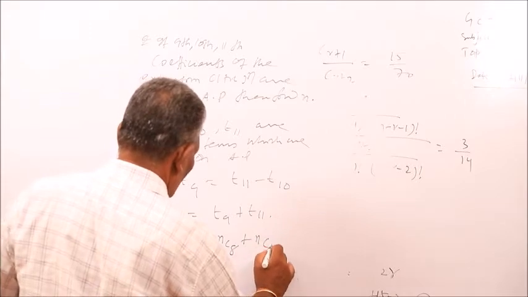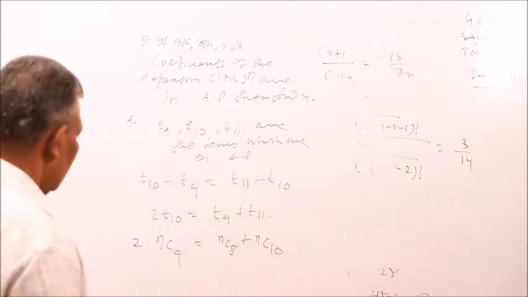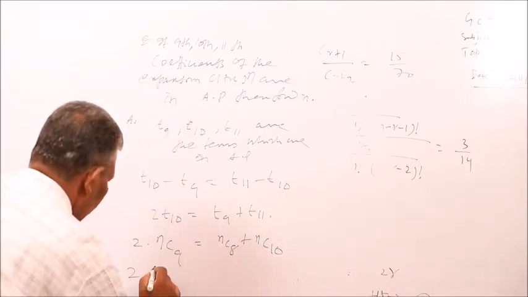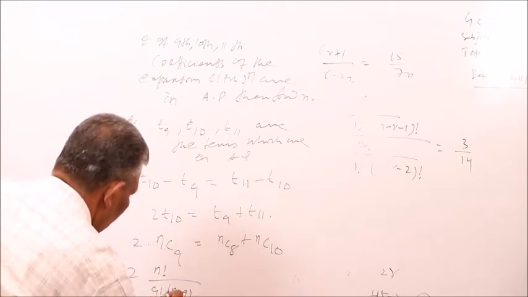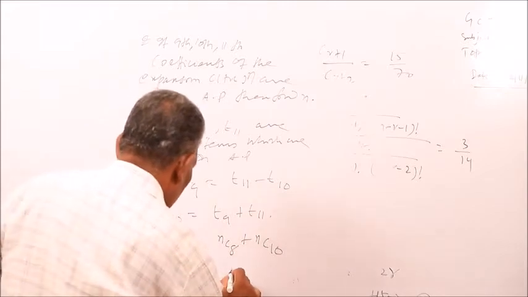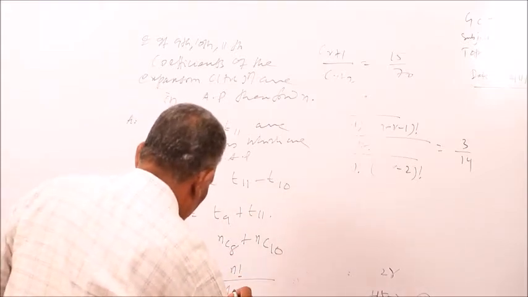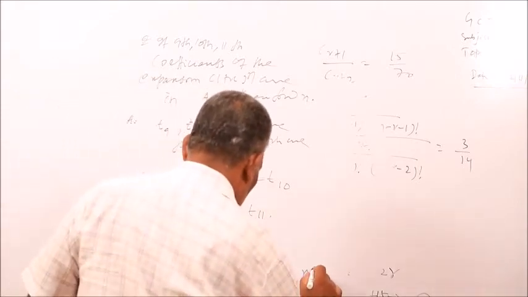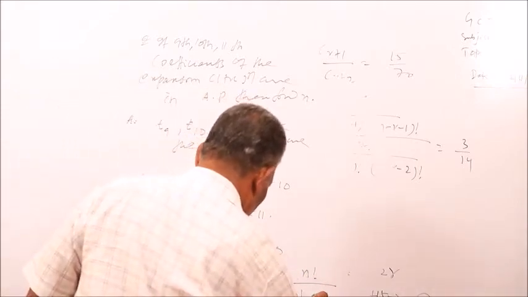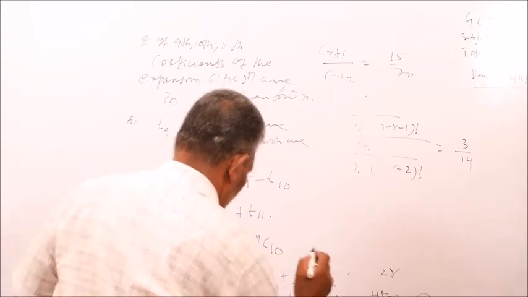NC8 plus NC10. That implies 2 n factorial by 9 factorial, n minus 9 factorial equals to n factorial by 8 factorial, n minus 8 factorial plus n factorial by 10 factorial, n minus 10 factorial.